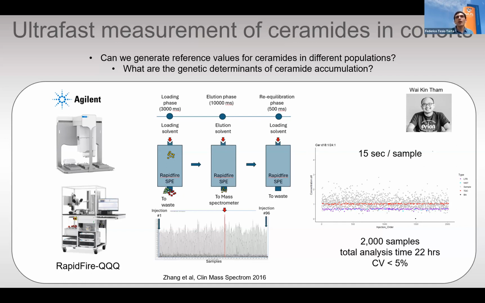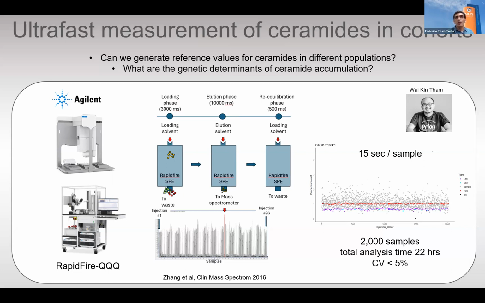What I showed so far was in a few commercial samples, but how can we improve analysis of ceramides in big human cohorts, in the order of thousands of samples? For example, if we want to generate reference values in a population or find genetic associations with the levels.